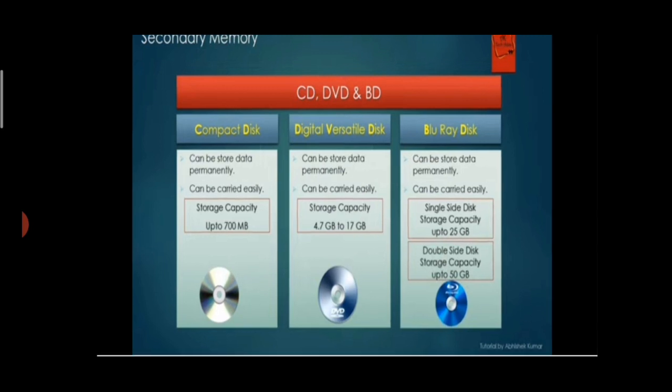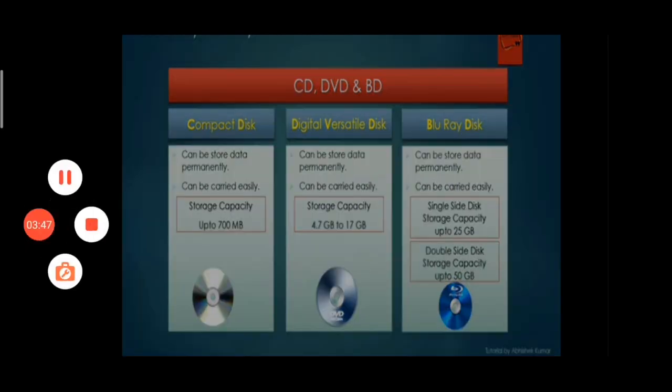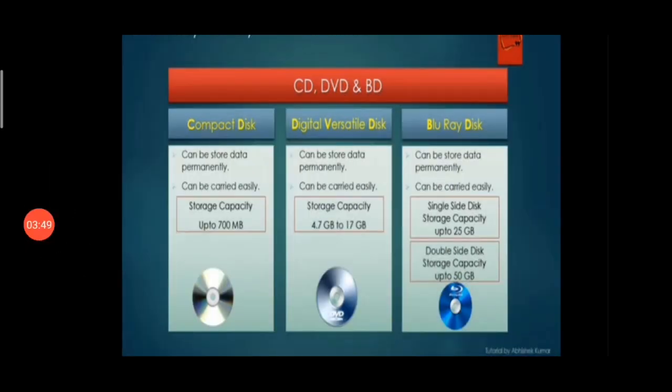First one is compact disc. It can store data permanently, and it can be carried easily. It looks like a round shaped shiny disc. Next is DVD, digital versatile disc.